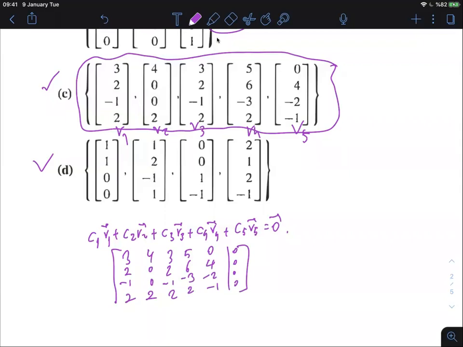What you want to do is bring this matrix into row echelon form. So how many leading ones do you expect? There can be at most 4 leading ones. If there are 4 leading ones, the answer is yes.